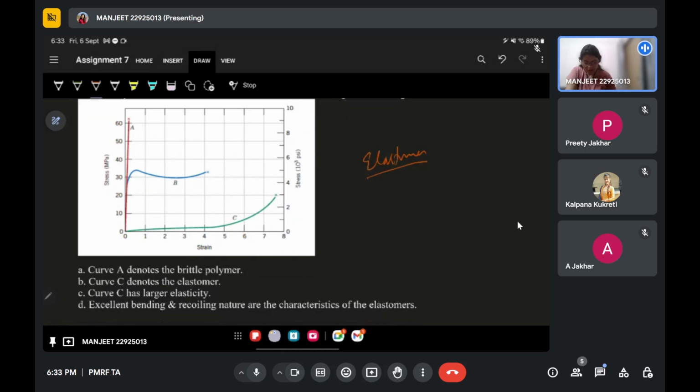So we have to tell what your A, B, and C are. In A, the stress is increasing at a particular value of the strain, and there is a high slope. In the B curve, it changes slowly with the strain, but in the C, it is also changing with the strain, going to a higher strain.